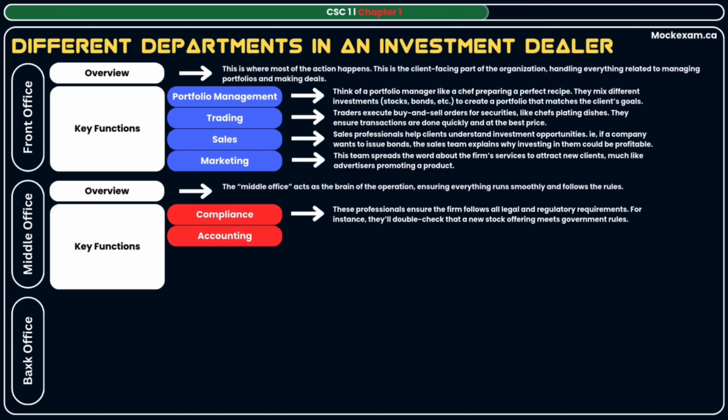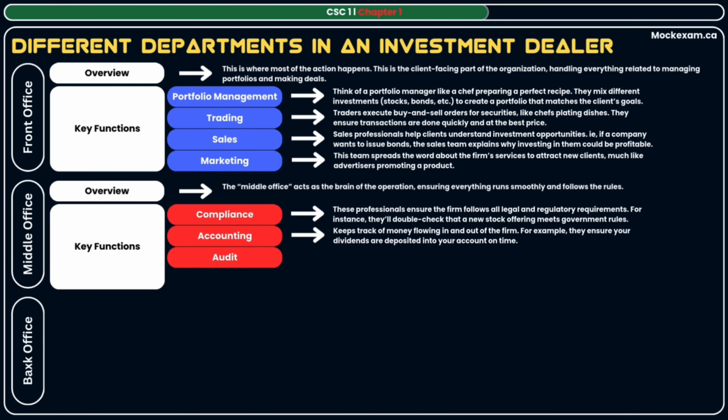Number two, accounting. The accounting team keeps track of money flowing in and out of the firm. For example, they ensure your dividends are deposited into your account on time. Audits. Auditors regularly review the firm's processes to prevent errors or fraud. Legal.